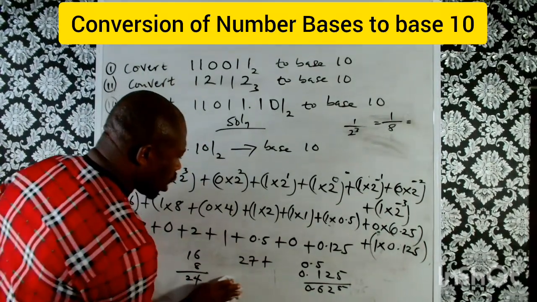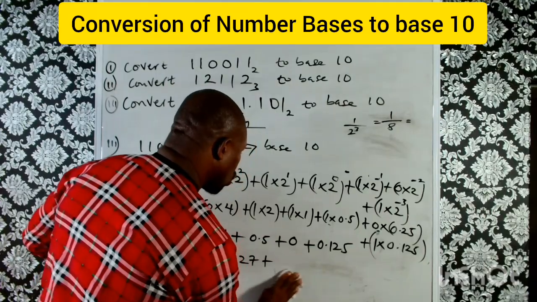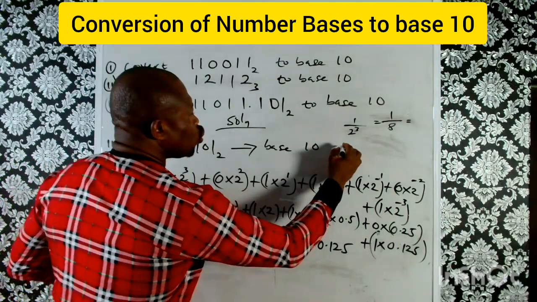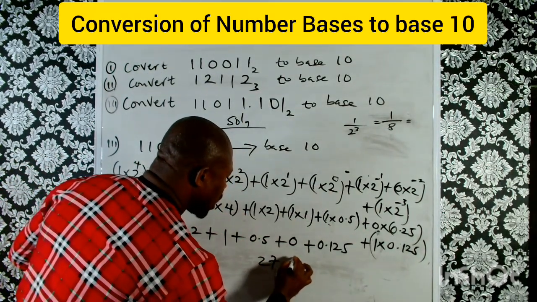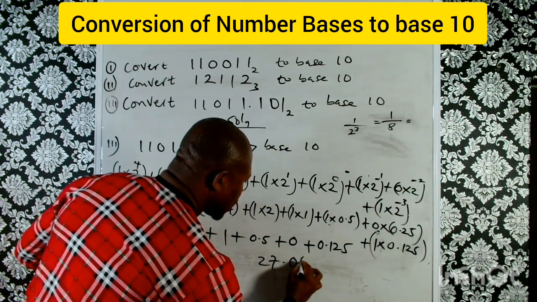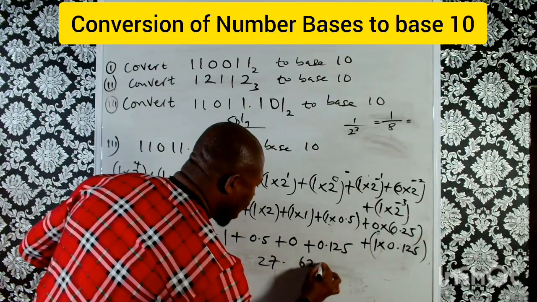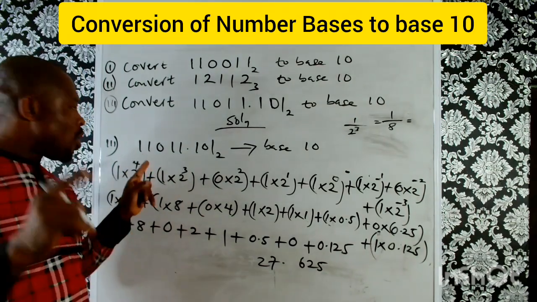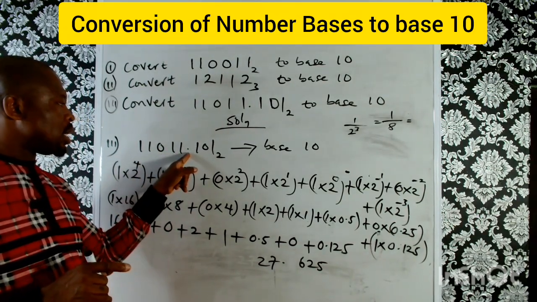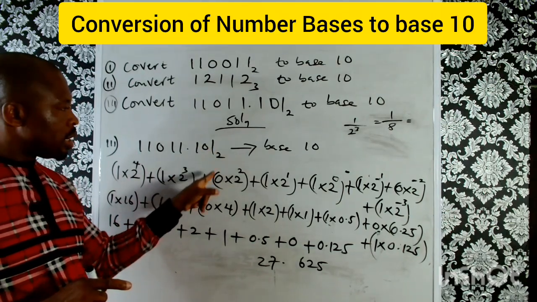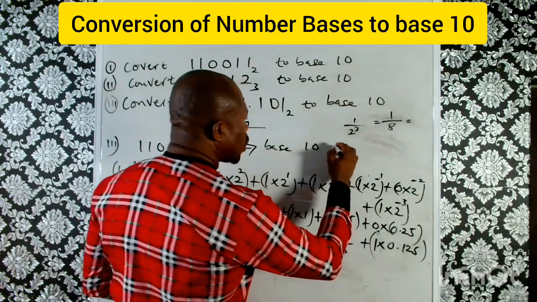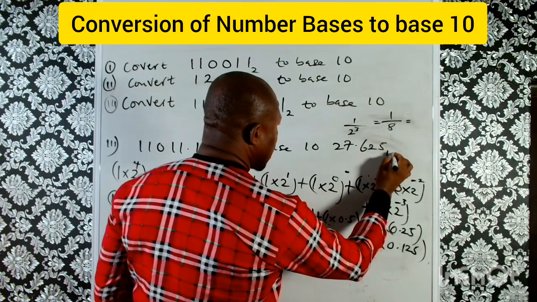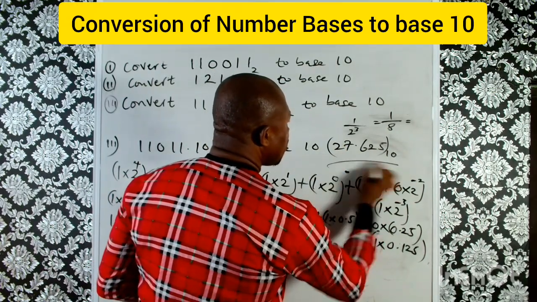Now this everything is 0.625, plus 27 will give us 27.625. Therefore, if you convert 11011.101 base 2 to base 10, it will give us 27.625 base 10. So this is our final answer.